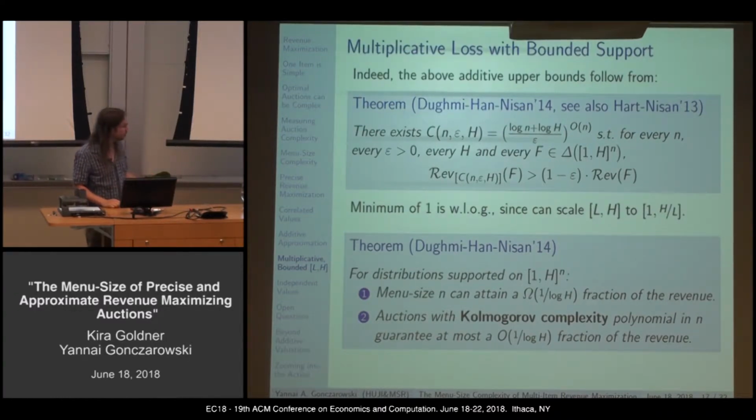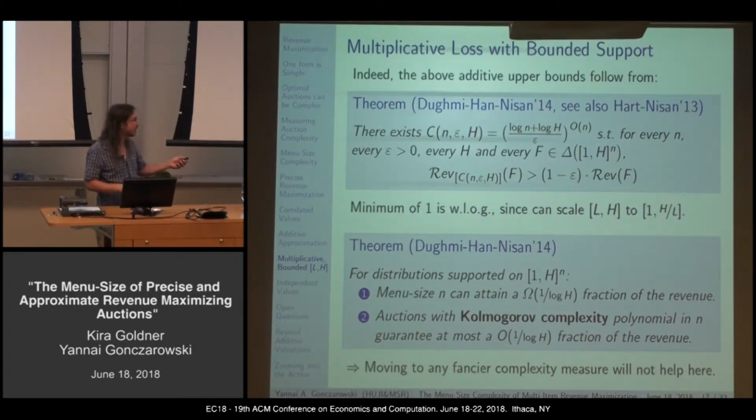This basically shows that if you're interested in the menu size as a function of h, a fancier complexity measure is not going to take things that are possible only with an exponential menu size and suddenly make them possible using a polynomial complexity in the fancier measure.